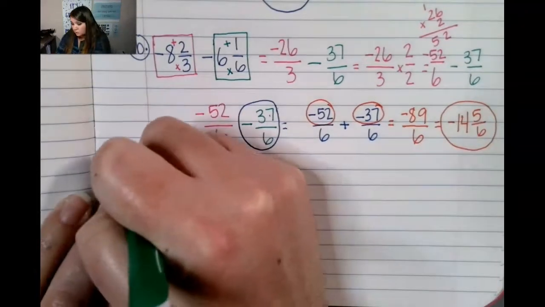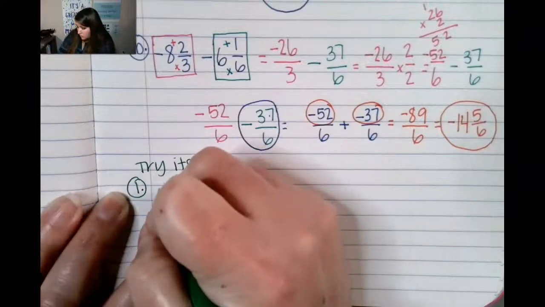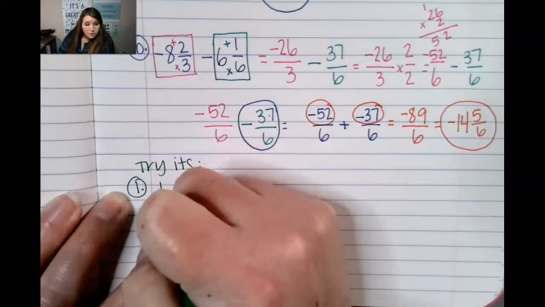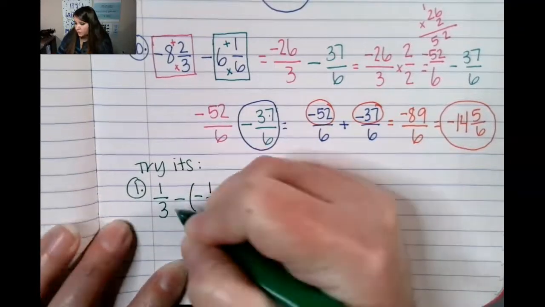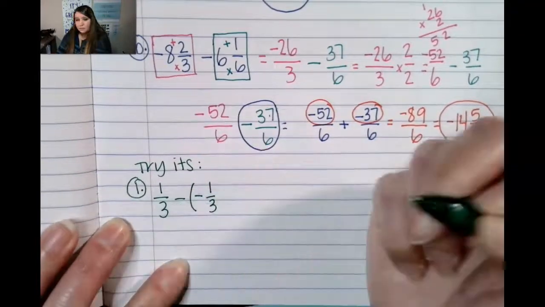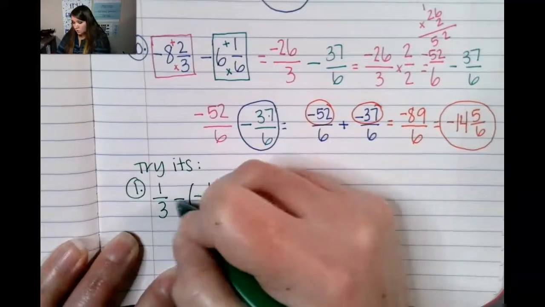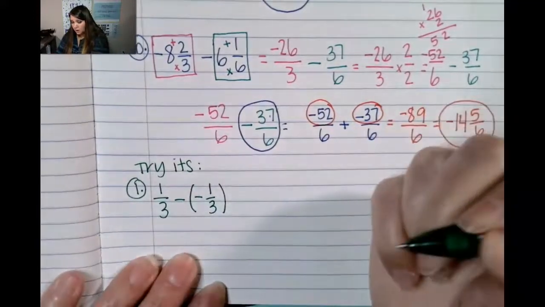Actually, let's do this one because I think you guys will be able to do this one. 1/3 minus a negative 1/3. Again, we're just going to add the opposite. So again, it's just 2 negatives. We make them a big giant positive.